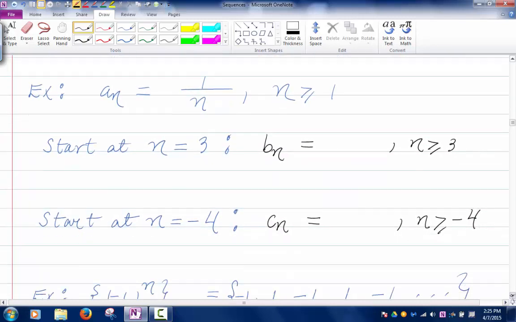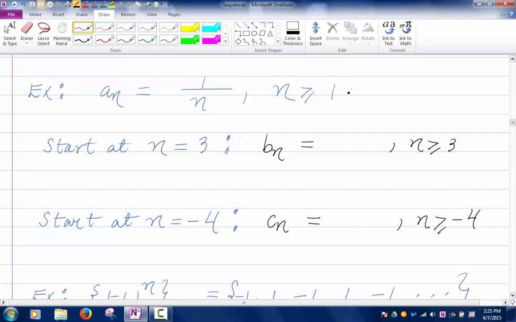Let's look at one more example, and then this time let's make sure everybody gets it. Let's say I have the sequence an, which is 1 over n, n is larger than or equal to 1. So my given starting index is 1. Now I want to start my sequence at the index 3. So what should I do?